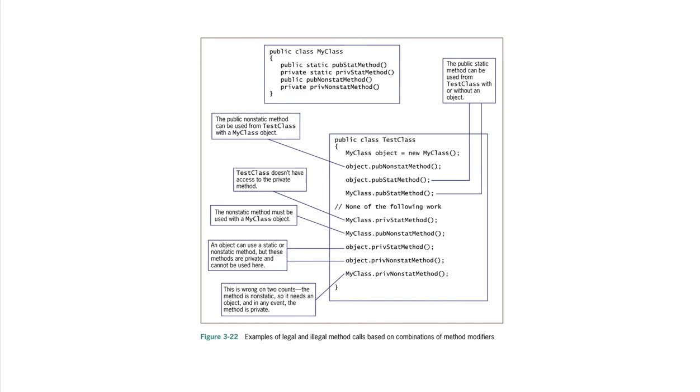The 3 valid calls are all to public methods. The call to the non-static method uses an object, and the 2 calls to the static method can use an object or not. The rest of the test class code after the documentation is invalid. Private methods cannot be called from outside the class, and non-static methods require an object.